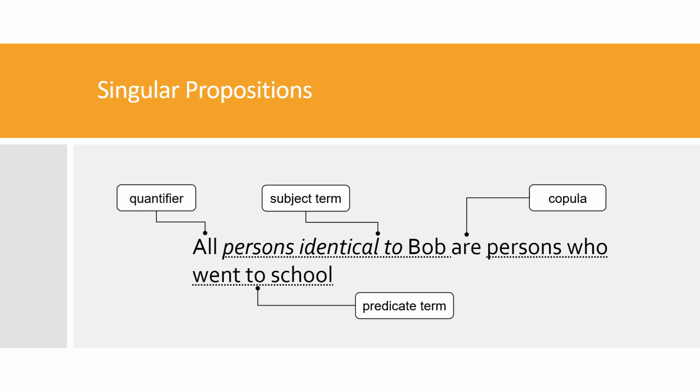But what it does do for us is very clearly identify, both in terms of the quantity and quality and in terms of the subject that we're talking about, exactly what we mean. So what we know now is that we have Bob, and Bob is a person who fits into the class or category of persons who went to school. And of course, not everyone who went to school is Bob, but Bob is one of those things that did go to school.